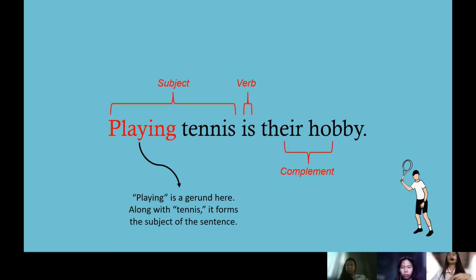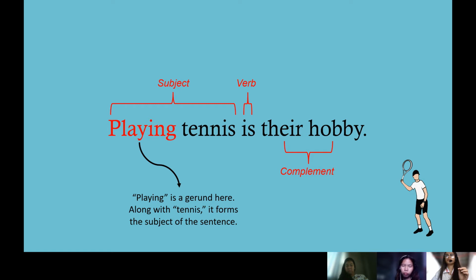If you are going to use a gerund as your noun, just like the word "playing," you should follow the rule S plus V plus C, where S stands for the subject, V stands for the verb, and C stands for the complement or the subject complement. So, bakit ito yung verb? Why do we have the verb "is"? It is actually a linking verb. Hindi na siya basta verb lang. It is a linking verb that links our subject and our complement.